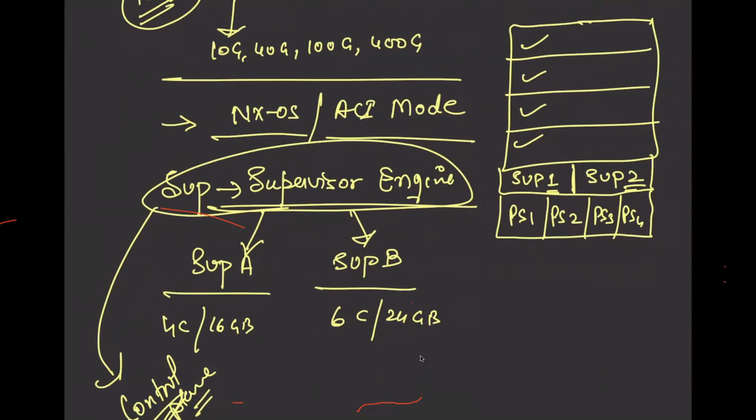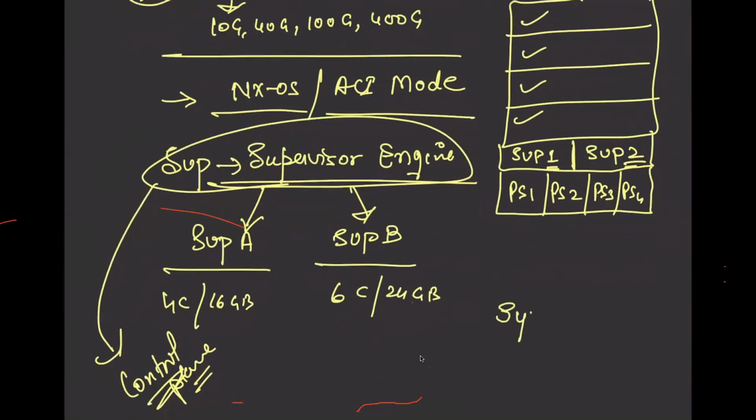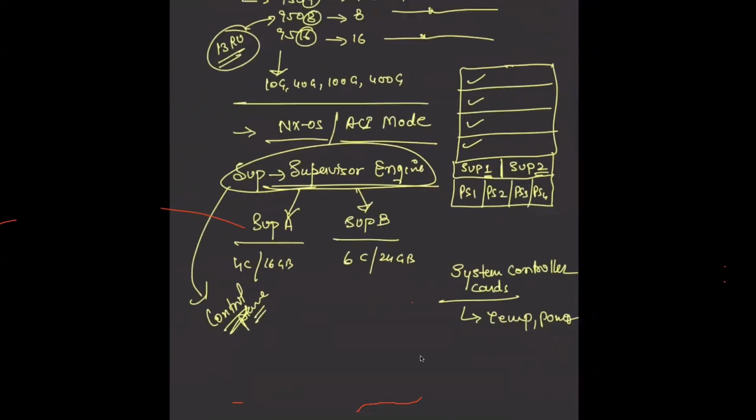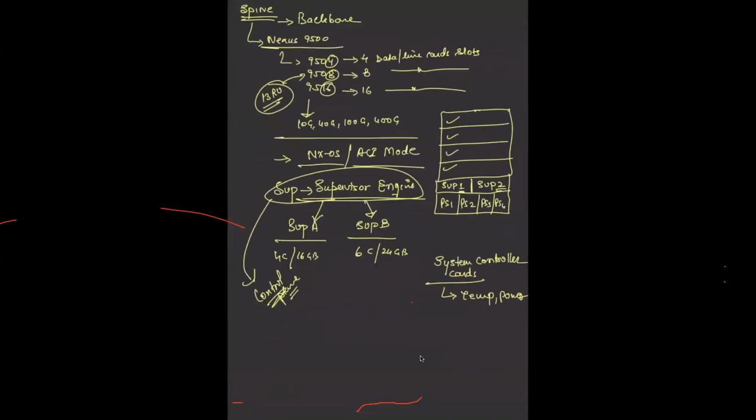And you will have system controller cards, also present in the chassis, which take care of your temperature, power, etc. So these are the different components in your spine.